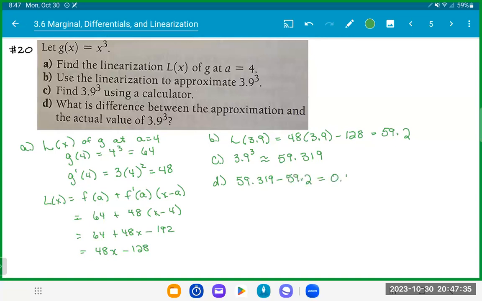And that's 0.119. So the approximation is 0.119 less than the actual. Okay, question.